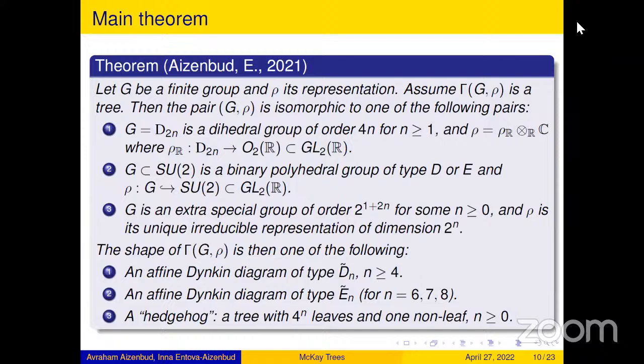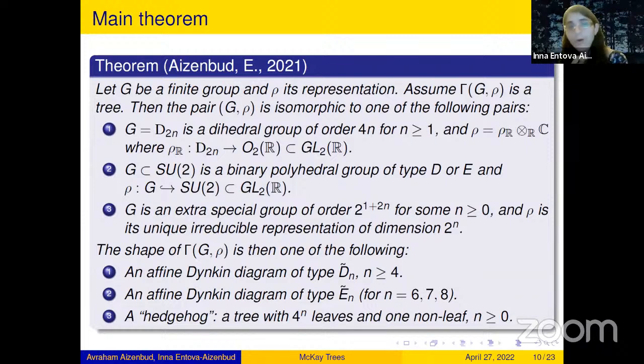I require that my tree does not have unoriented edges, in the sense that whenever I have an edge from lambda to mu, there must be exactly one edge from mu to lambda. So basically, my gamma should be a tree in the sense of simple undirected graphs.